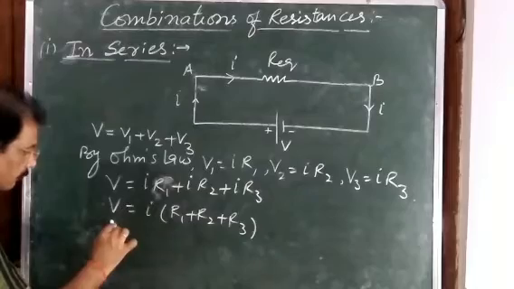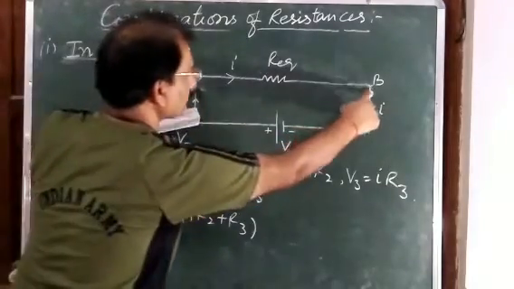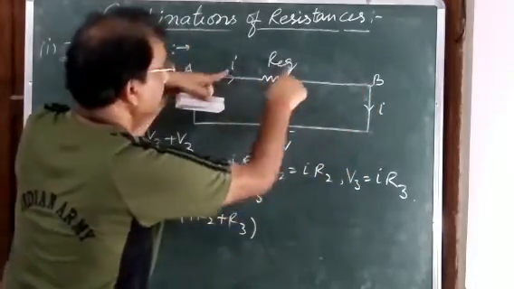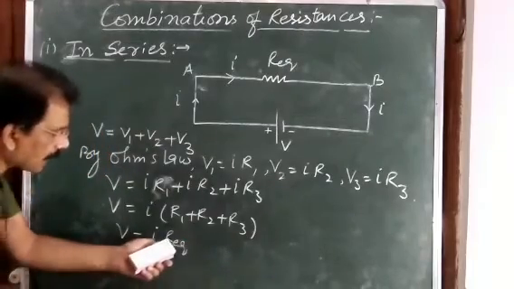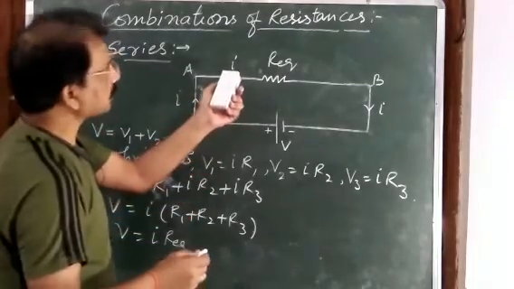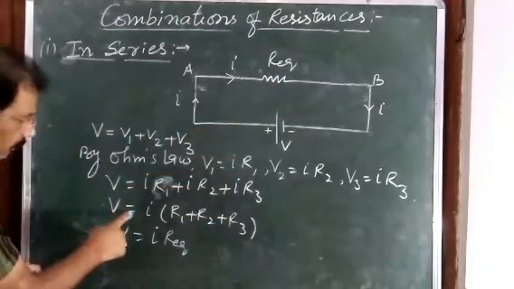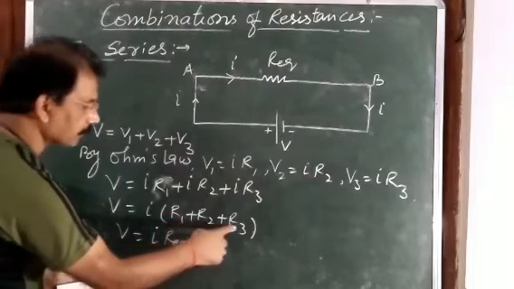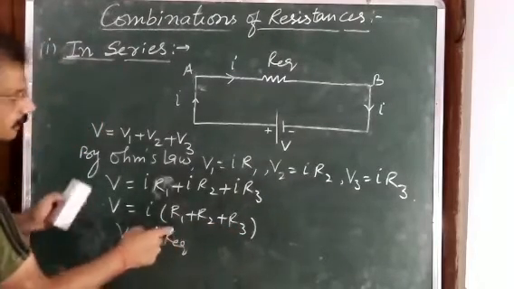Now we can write V is equal to I into R equivalent, where R equivalent is the equivalent resistance of R1, R2, R3. So now in the formula V is equal to I times R1 plus R2 plus R3, in place of V we can write I into R equivalent.